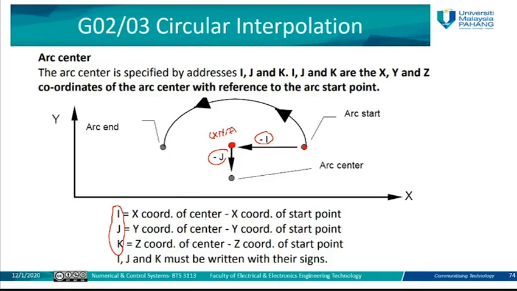So I is equal to X of the center minus X of the start point. J is equal to Y of the center minus Y of the start point. K is equal to Z of the center minus Z of the start point. So we need to find the 3 values here. Then these 3 values will be integrated into the G02 or G03 codes.